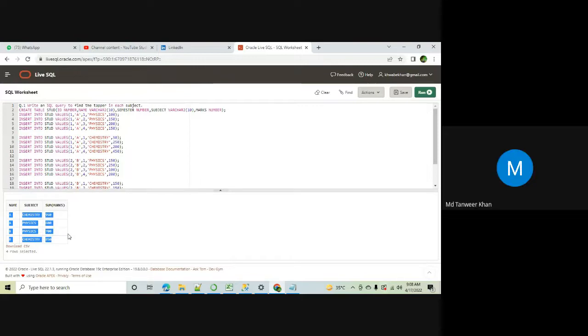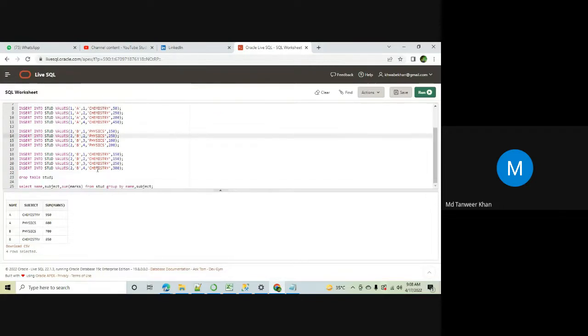So for each subject you observed who has scored the maximum marks. B has scored maximum in physics, 700, A has scored 600.